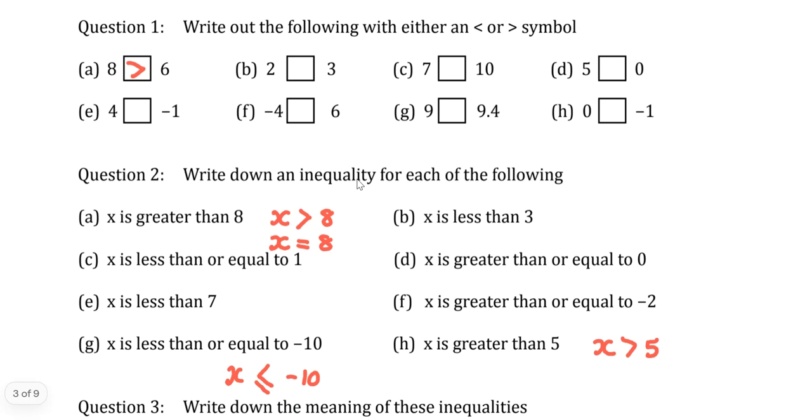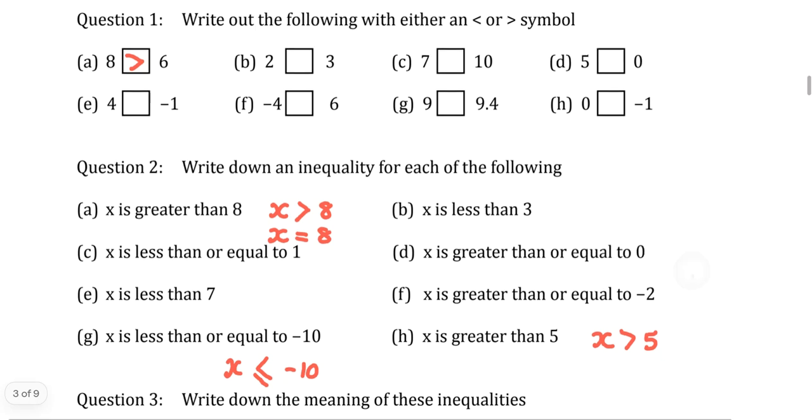So in this case, 8 is not allowed. But in this case, negative 10 is allowed. Yeah, lots of other numbers, definitely. But in this case, any number bigger than 8, but not including 8. But this one would be any number less than negative 10, but you can have negative 10.